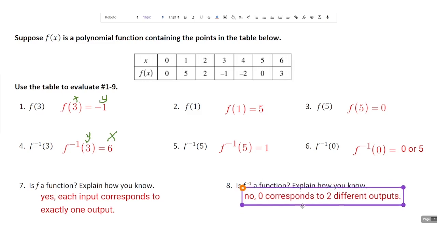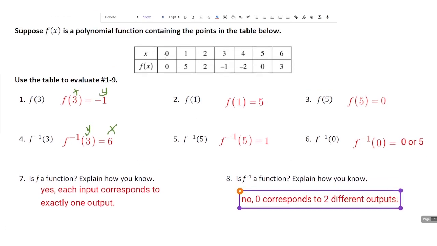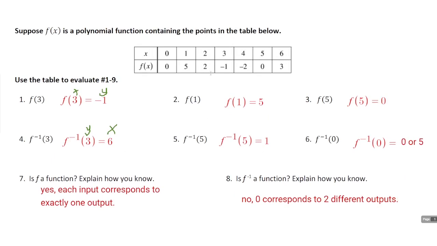I think that's really the only violation here, right? I don't see any other repeated values in this row that go to two different numbers. So I think it's just 0 that's preventing this from being a function. In other words, if we were to graph this inverse function, it would fail the vertical line test when x is 0.